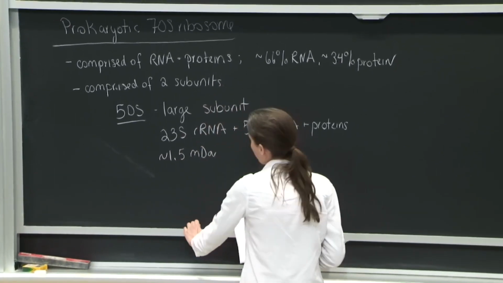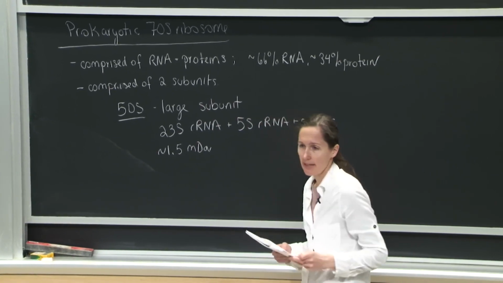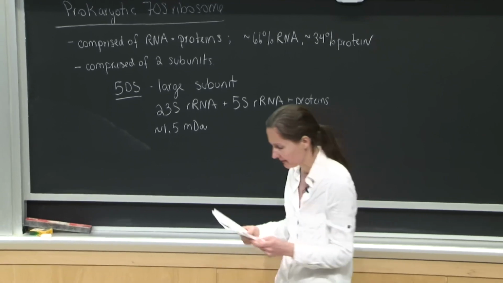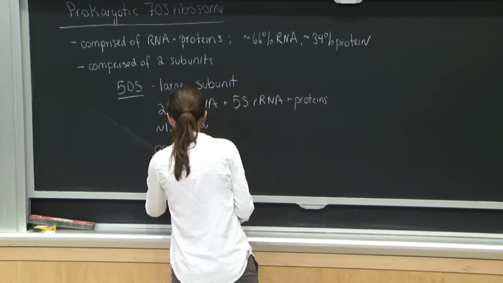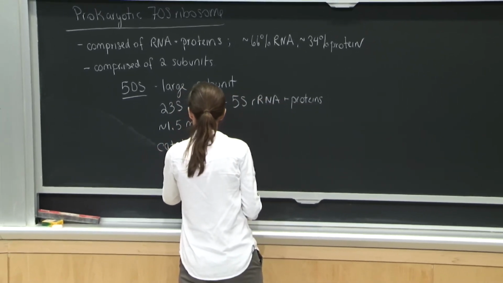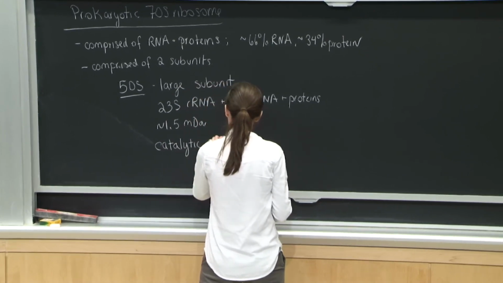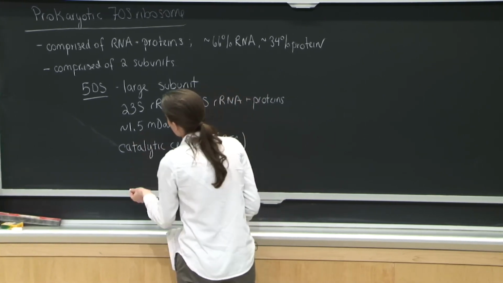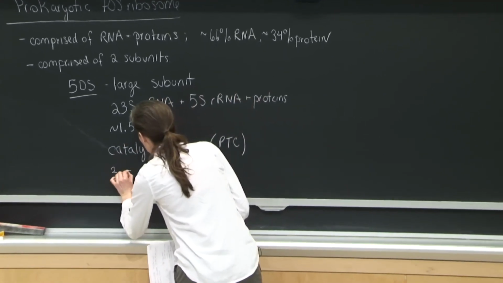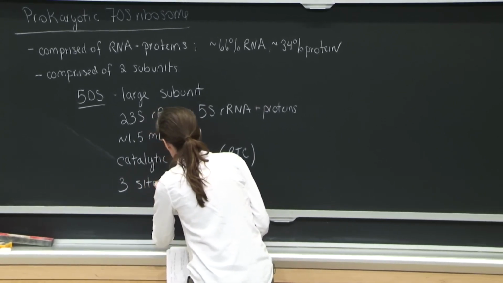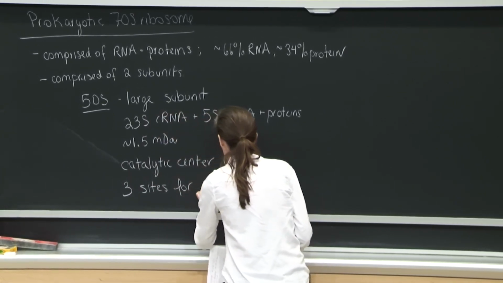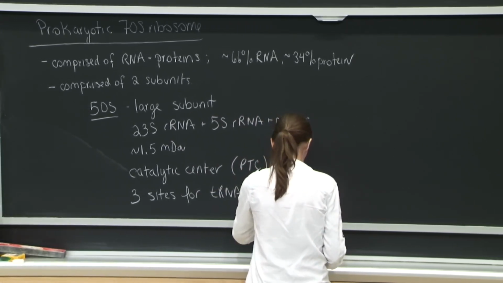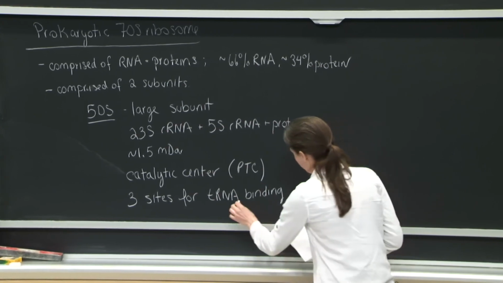What we find within this subunit is the catalytic center, or peptidyl transferase center, sometimes abbreviated as PTC. And what we also find in the 50S subunit are 3 sites for tRNA binding.